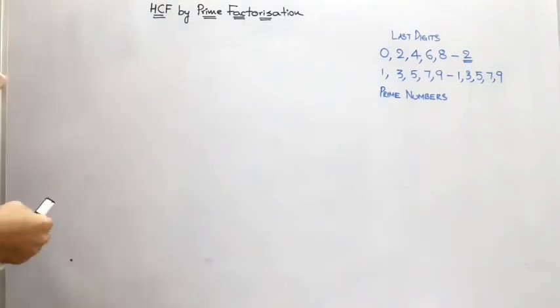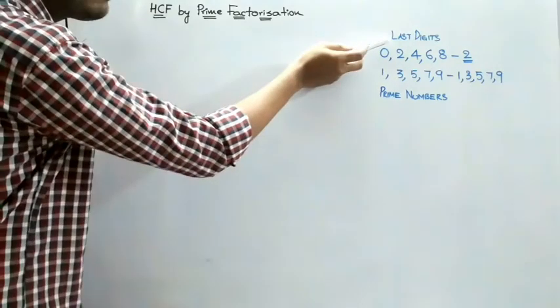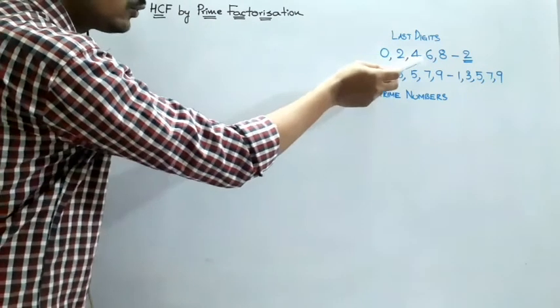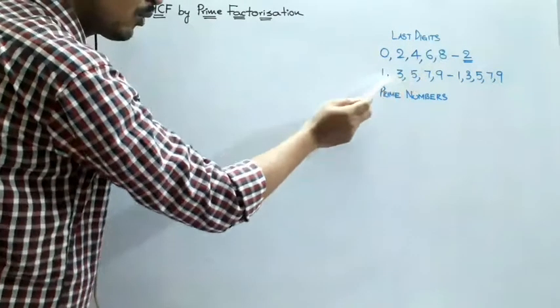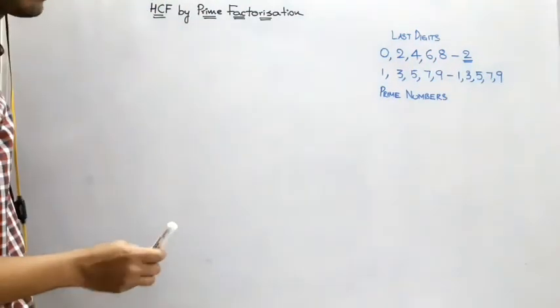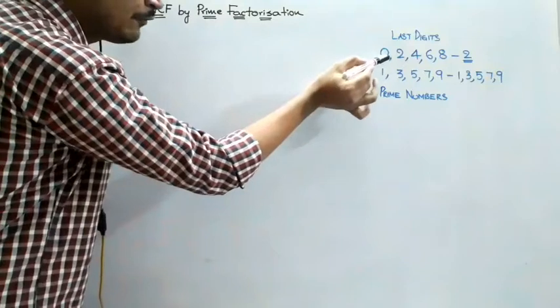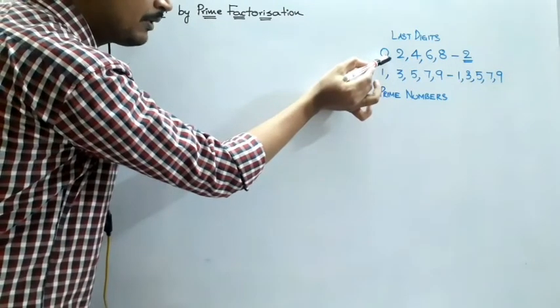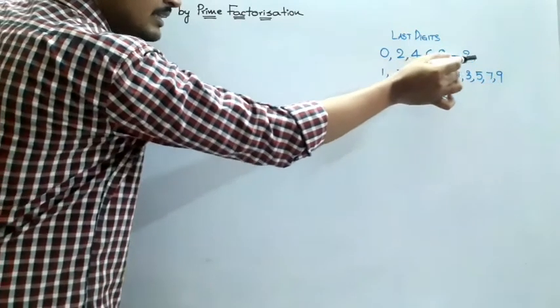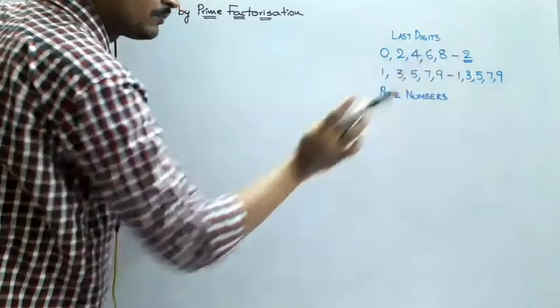If you observe in the CW, I gave a box yesterday indicating that last digits 0, 2, 4, 6, 8 and 1, 3, 5, 7, 9 and prime numbers. The reason is, if you see any number with last digit as 0, 2, 4, 6, 8, start dividing it with 2.